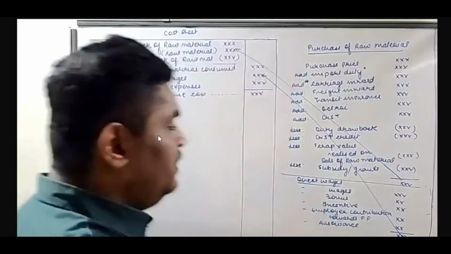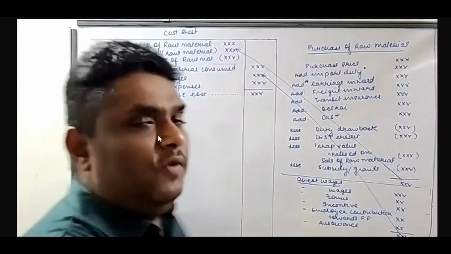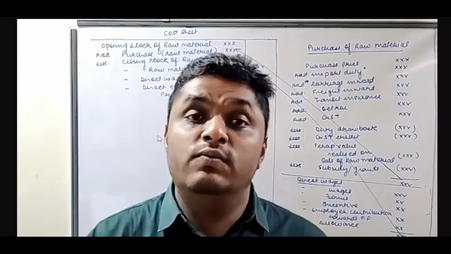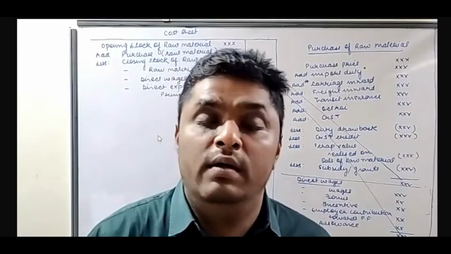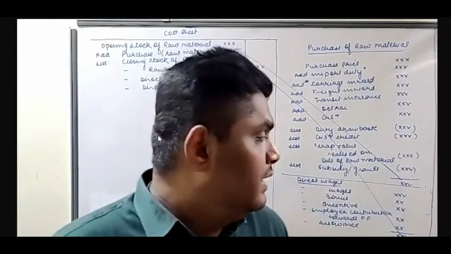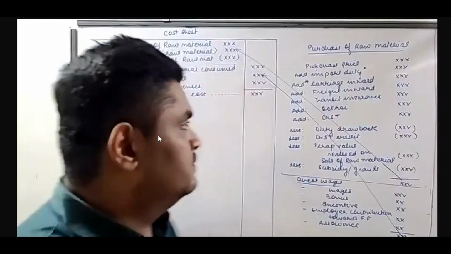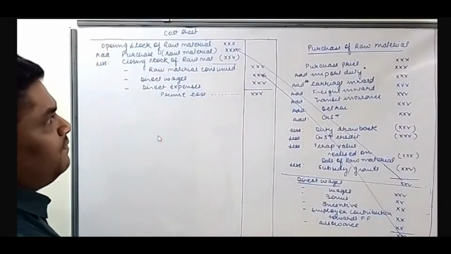All these items are to be presented in the cost sheet, but for better understanding, I have written them over here. So when talking about wages, it covers whatever amount is paid to labor by whatever name called, directly or indirectly, and will form part of direct wages.